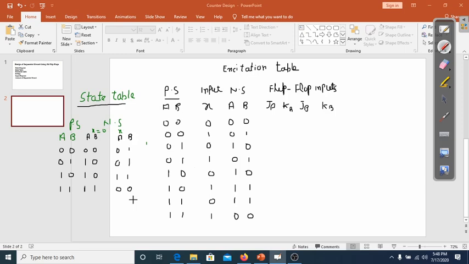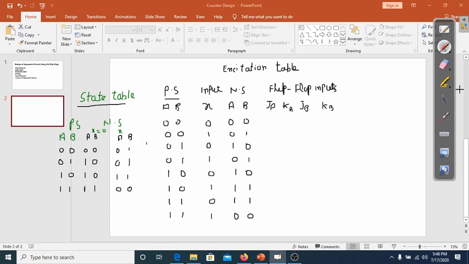Remember the state table for the JK flip-flop, we have already discussed a few lectures before. You should keep in mind the table which we derived from the characteristics table of the JK flip-flop.